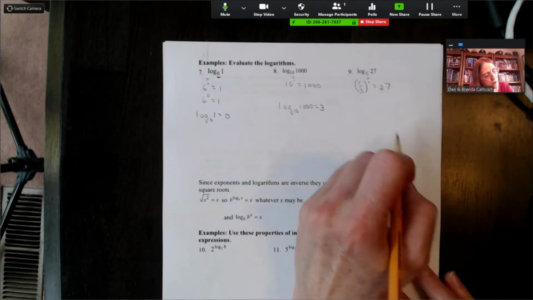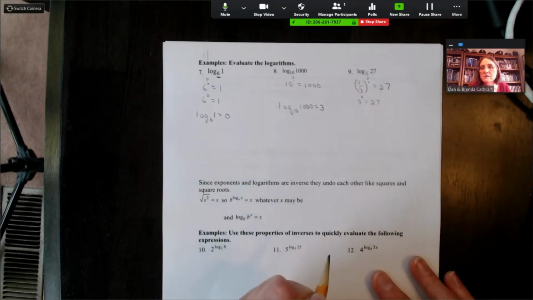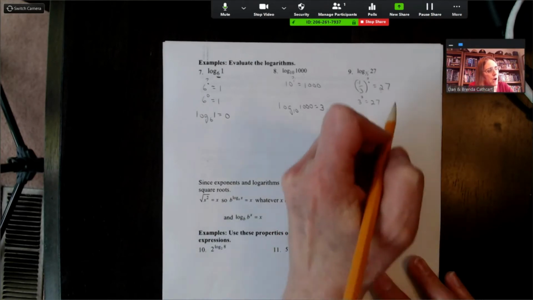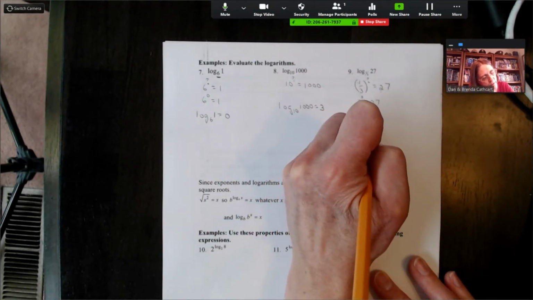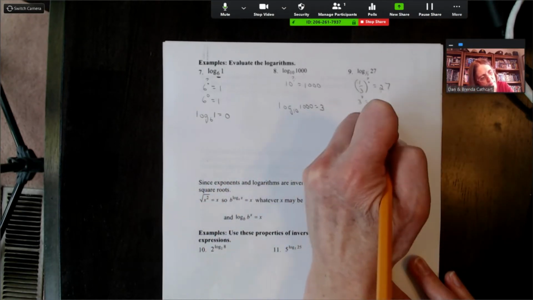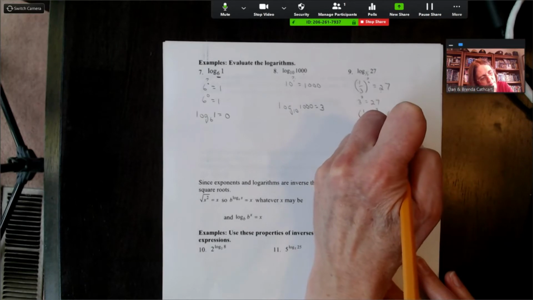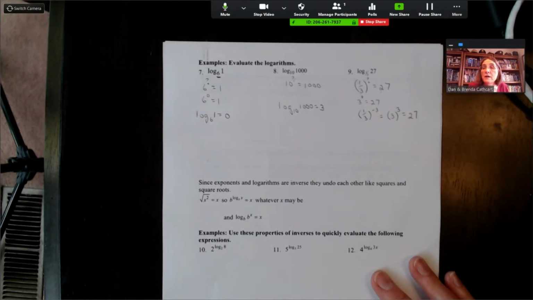And I also know that 3 to the 3rd is 27. So I'm going to put those two together, and I bet 1/3 to the -3, which would flip this upside down, is the same as 3 to the 3rd, which is 27.